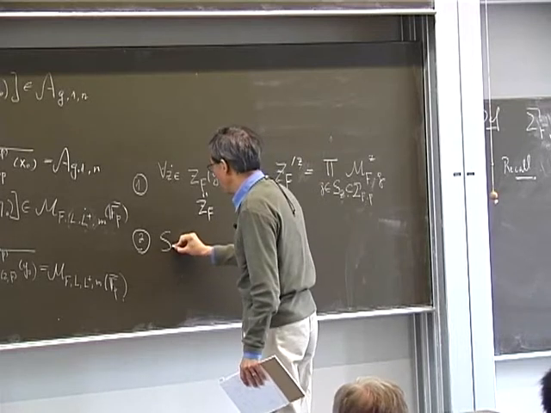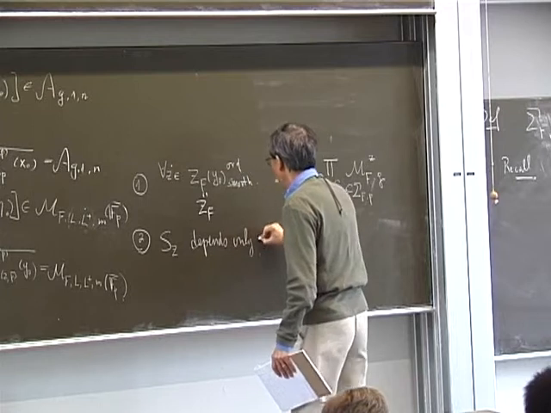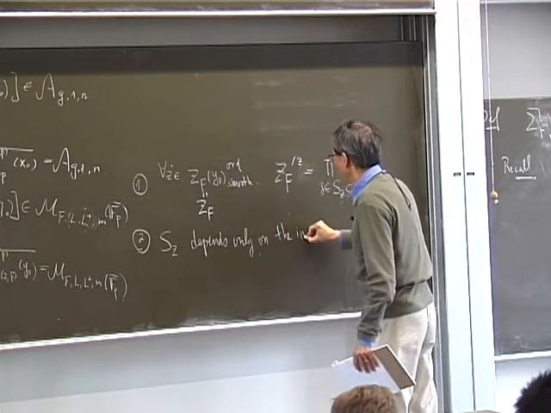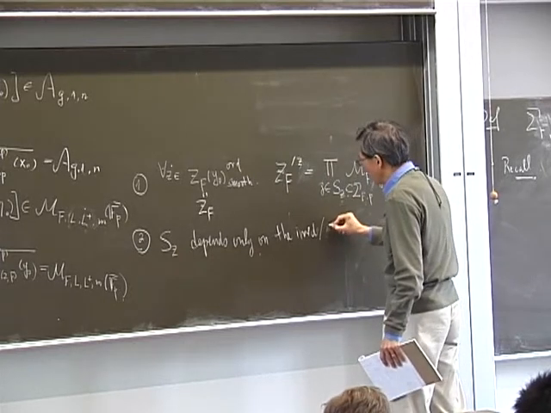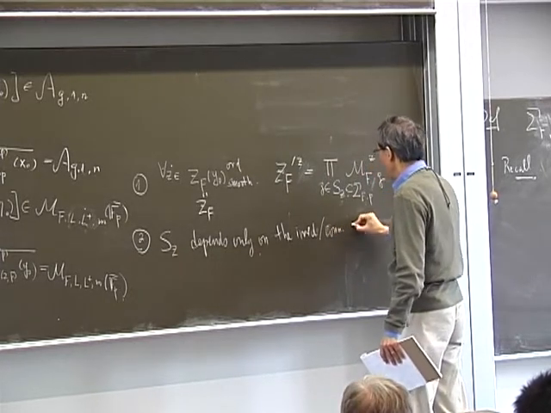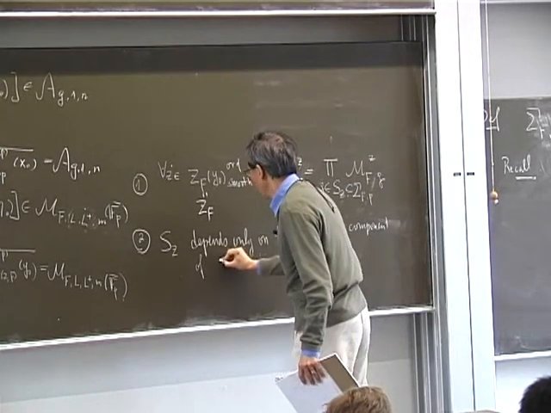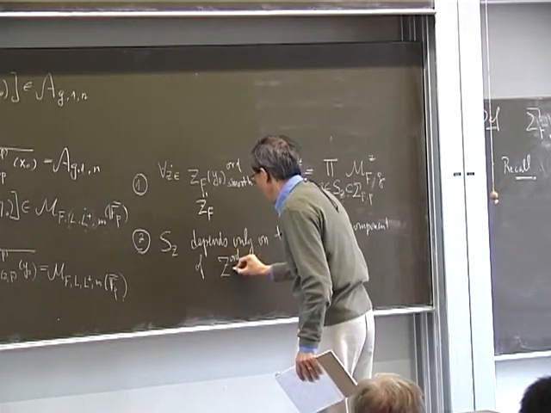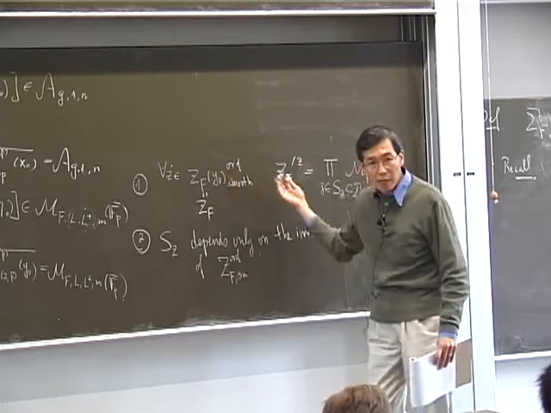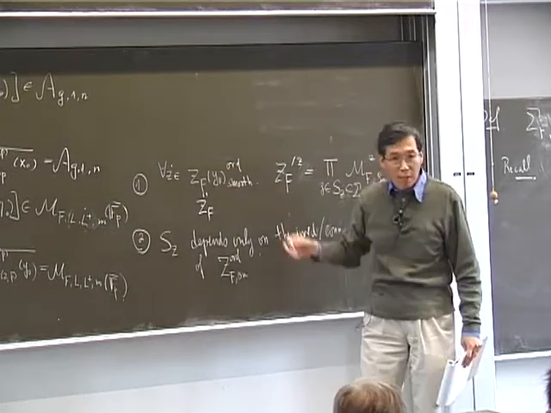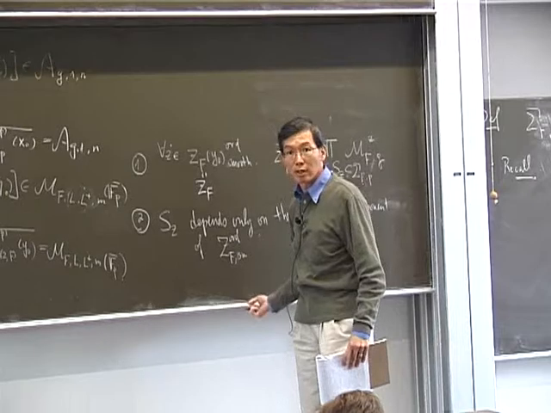So S_Z depends only on the irreducible component, or that's the same as connected component, of the regular and smooth locus of this Hecke, the closure of the Hecke orbit in which this point Z lies. So it's a local constancy statement.